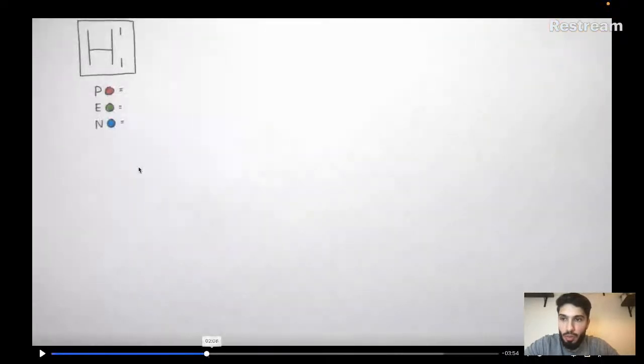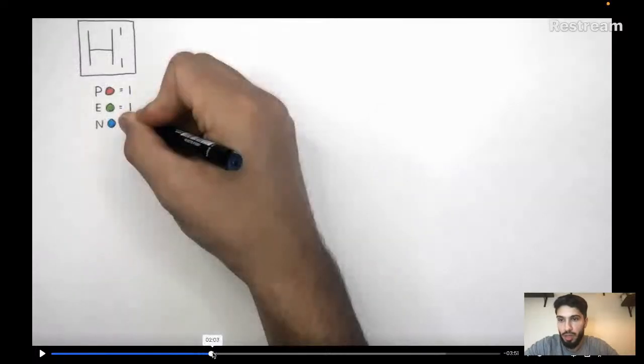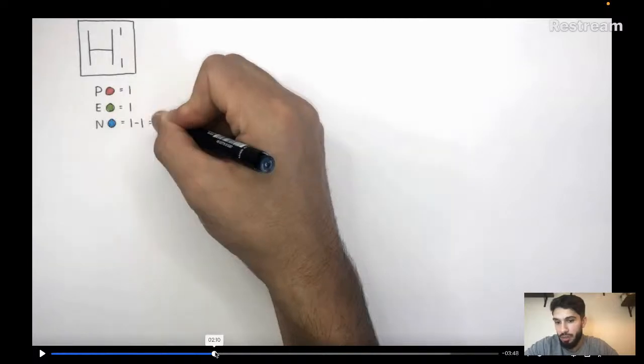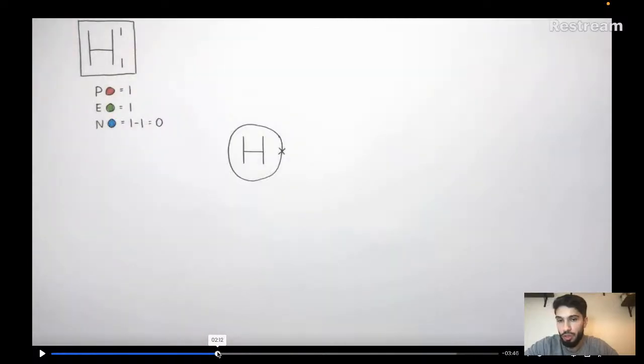If we now move on a little bit, PEN, this is the PEN technique, stands for protons, electrons, and neutrons. Hydrogen has one proton because the atomic number is one, one electron because the atomic number is one, and then neutrons, we do one take away one equals 0. Okay, so no neutrons. This is the electronic configuration of a hydrogen atom.